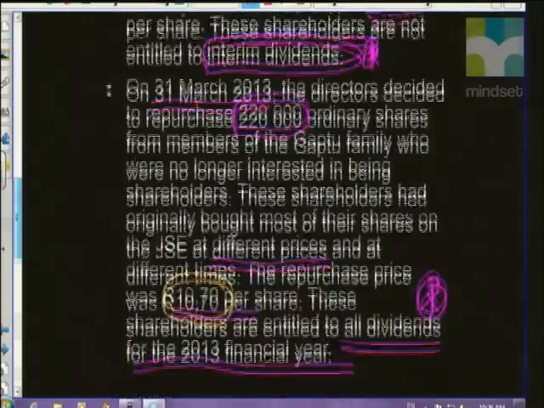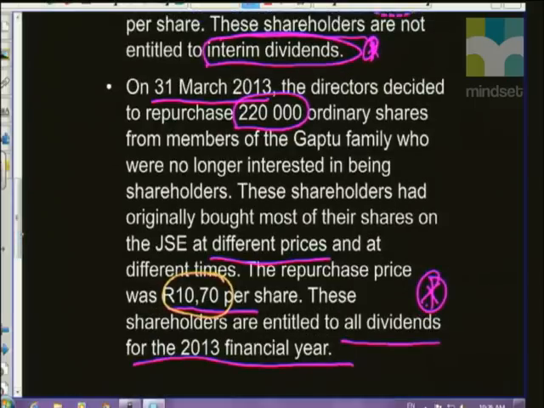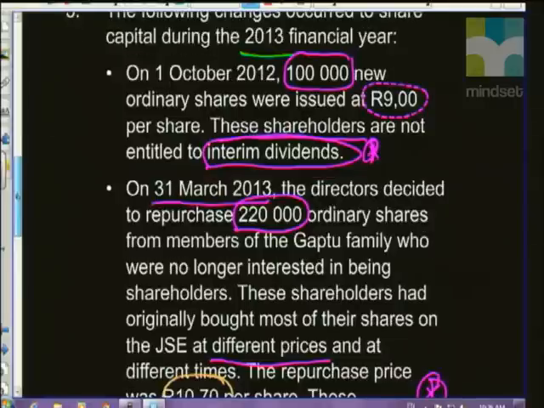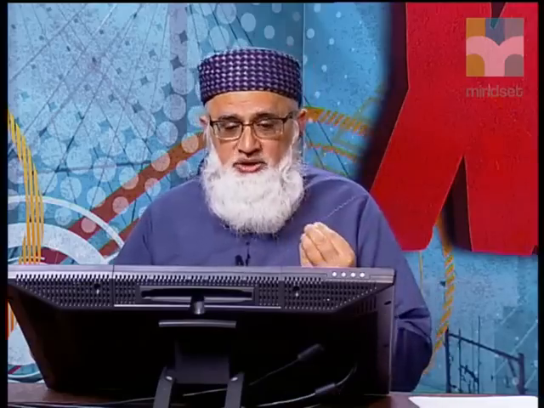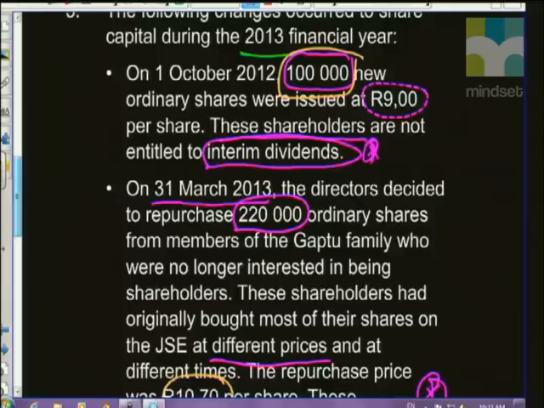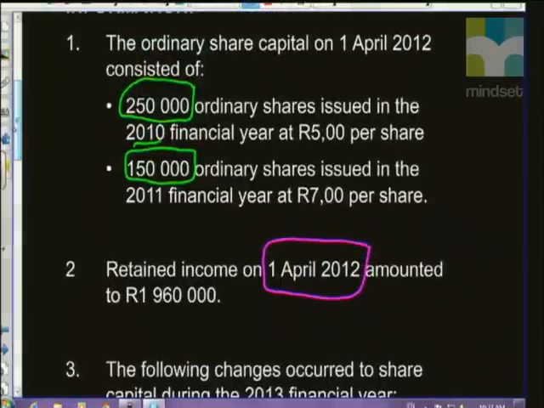We are told that the new shares that were sold, the 100,000, these shareholders are not entitled to the interim dividend. In other words, only the old shareholders.